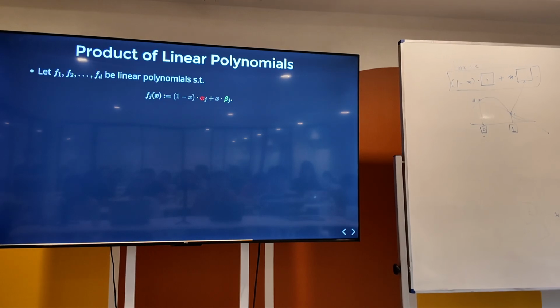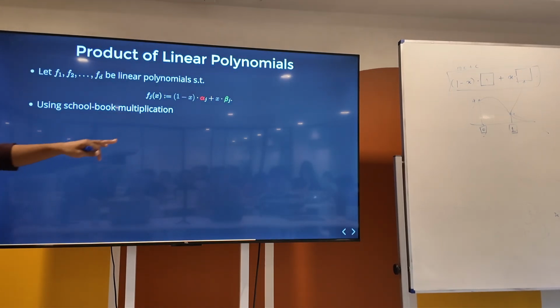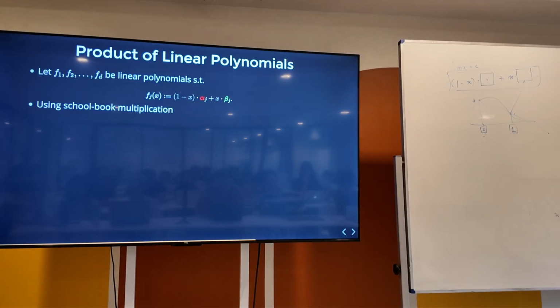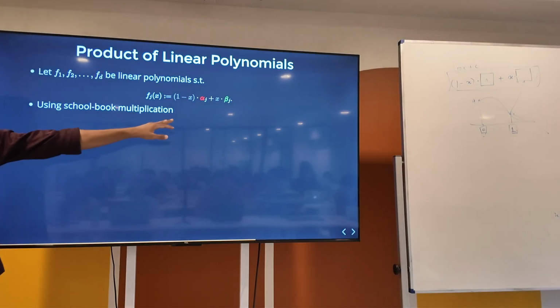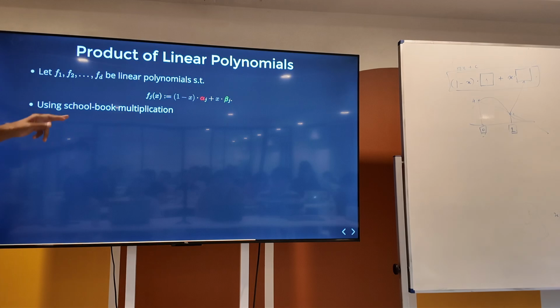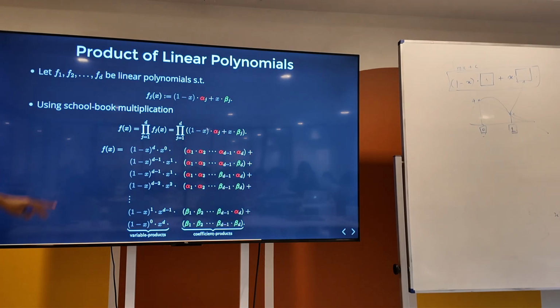I'm looking at a very simple example here. I'm only looking at a linear polynomial. So 1 minus x times some alpha, the evaluation at 0, and x times some beta. Now if I want to multiply d of such polynomials using the naive multiplication, you can do that, right?